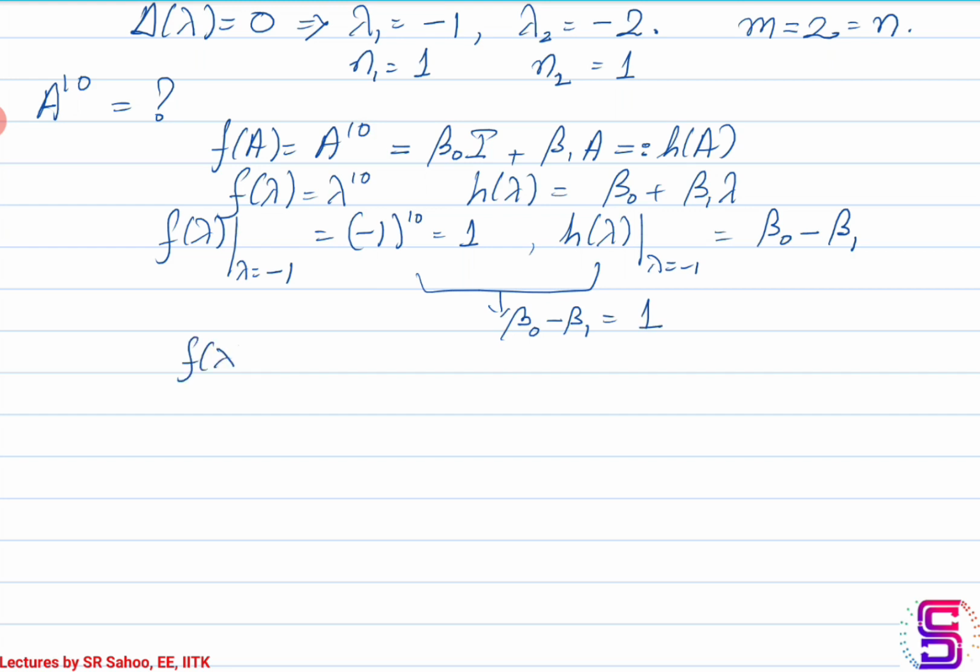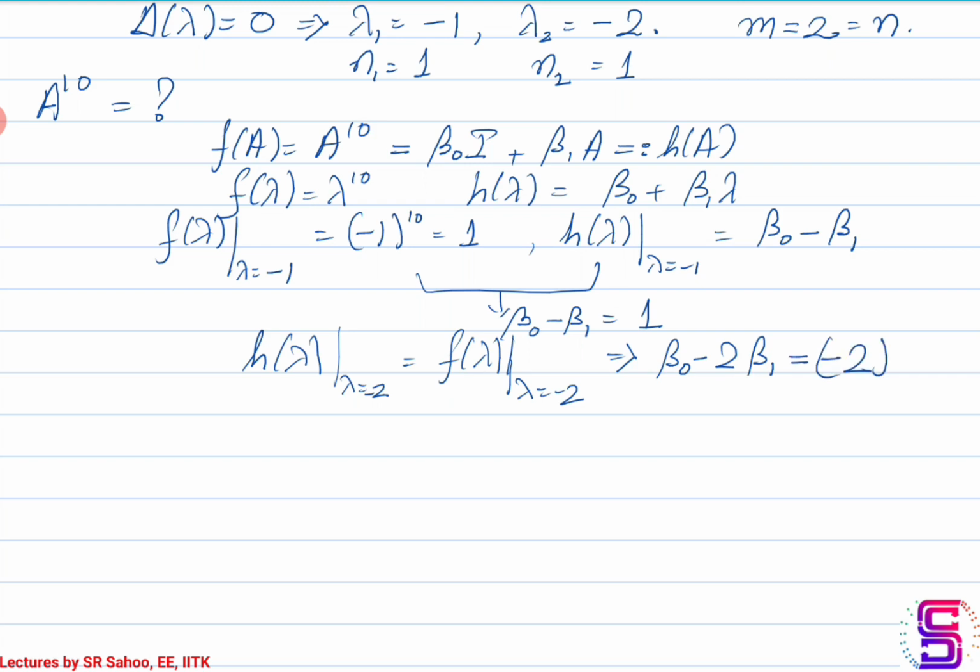Similarly, we have h of lambda at lambda equal to minus 2 to be equal to f of lambda at lambda equal to minus 2, which essentially implies beta 0 minus 2 beta 1 to be equal to minus 2 to the power 10.